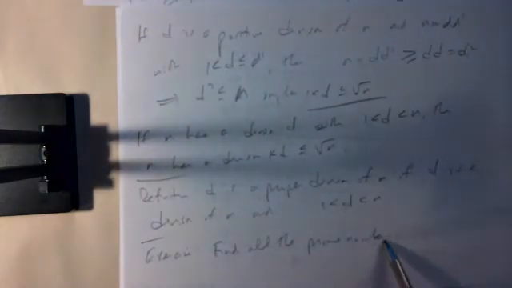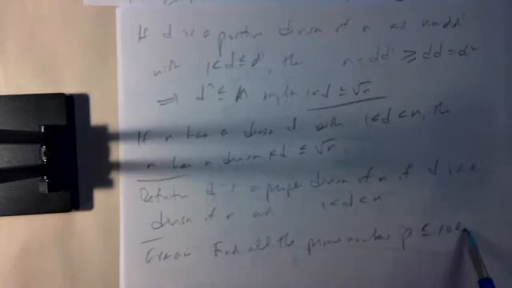It's a very good exercise, which everyone should do for fun, or just to get a feeling for this, is to find all the prime numbers P, let's say up to 100. So look at every number up to 100 and find all the ones that are prime. Well, you might say, that's a lot of work because there are 100 numbers to look at.